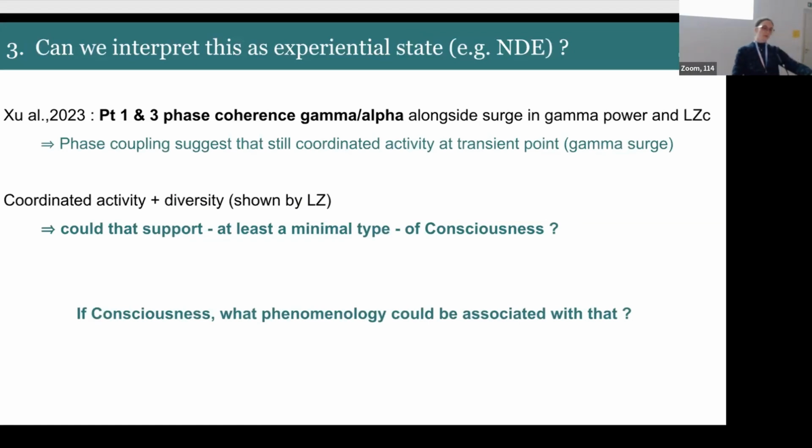Again, given that this initial increase in Lempel-Ziv is occurring alongside the reported surge of gamma, and this surge of gamma is also reported alongside coordinated pattern activity measured by the cross-frequency coupling, it's at least possible that such coordinated activity and signal diversity could support experience.